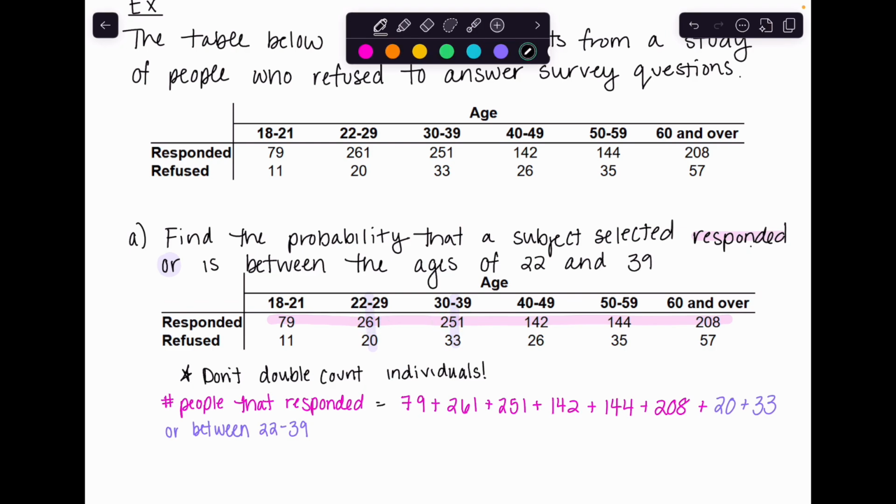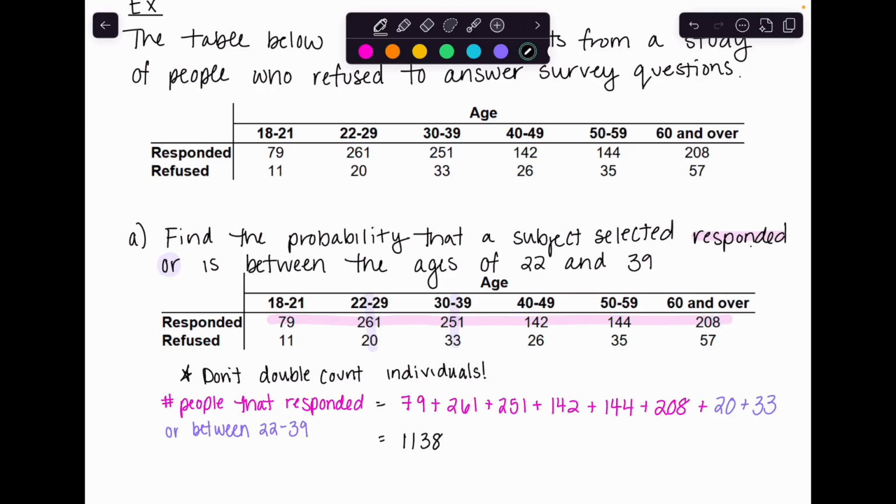So if we add all of these together, the 79, 261, 251, 142, 144, 208, 20, and 33, you're going to see that there are 1,138 people that responded or are between the ages of 22 to 39.